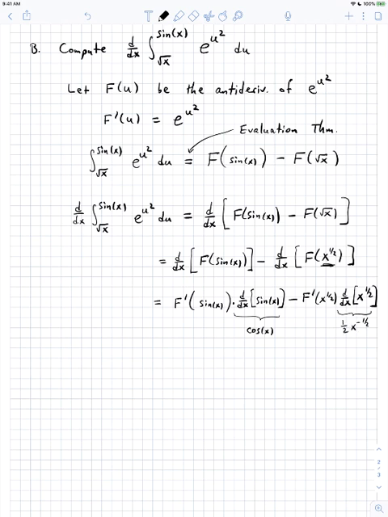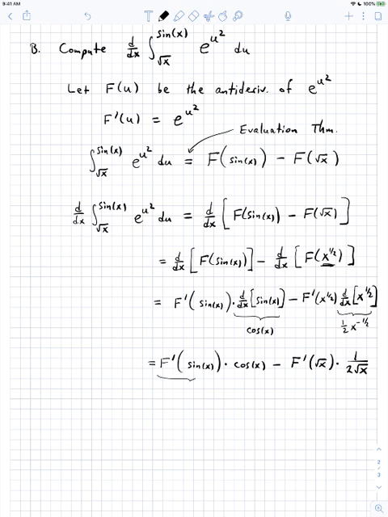So what do we end up with? We have F prime of sine of x times cosine of x, minus F prime of the square root of x times 1/2 square root of x, just to write it in a slightly different way.